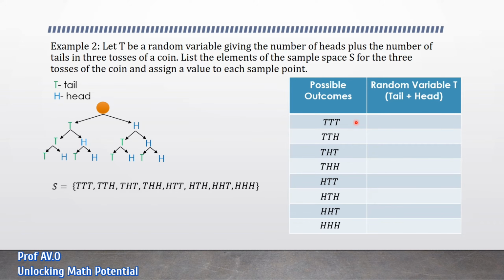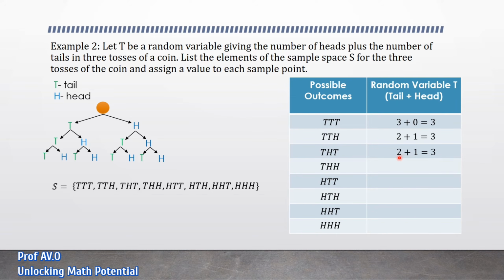On our first outcome, we have 3 tails plus how many heads? We have 0 heads. So 3 plus 0, we have 3. Next outcome, we have 2 tails plus 1 head, and that is 3.